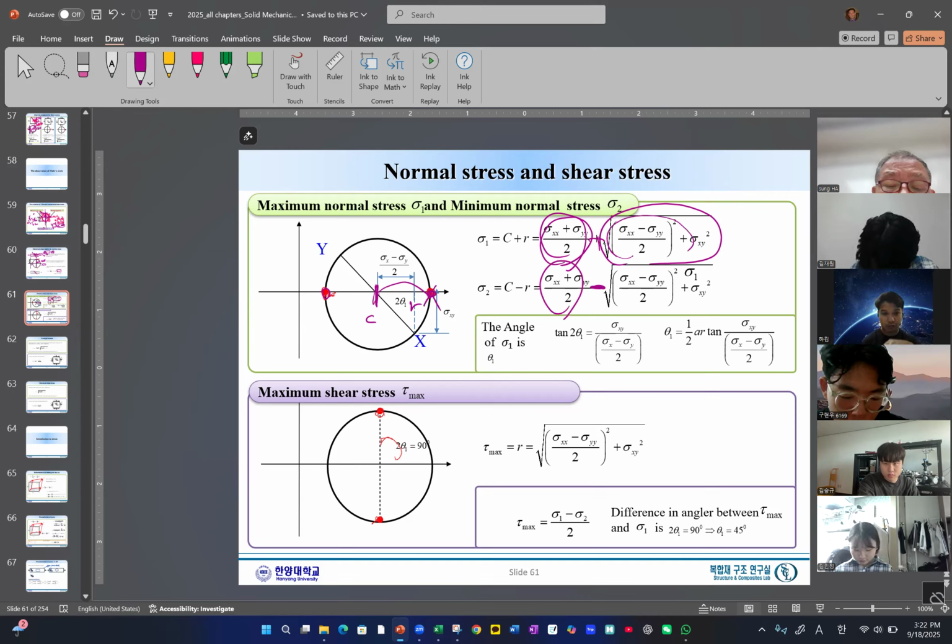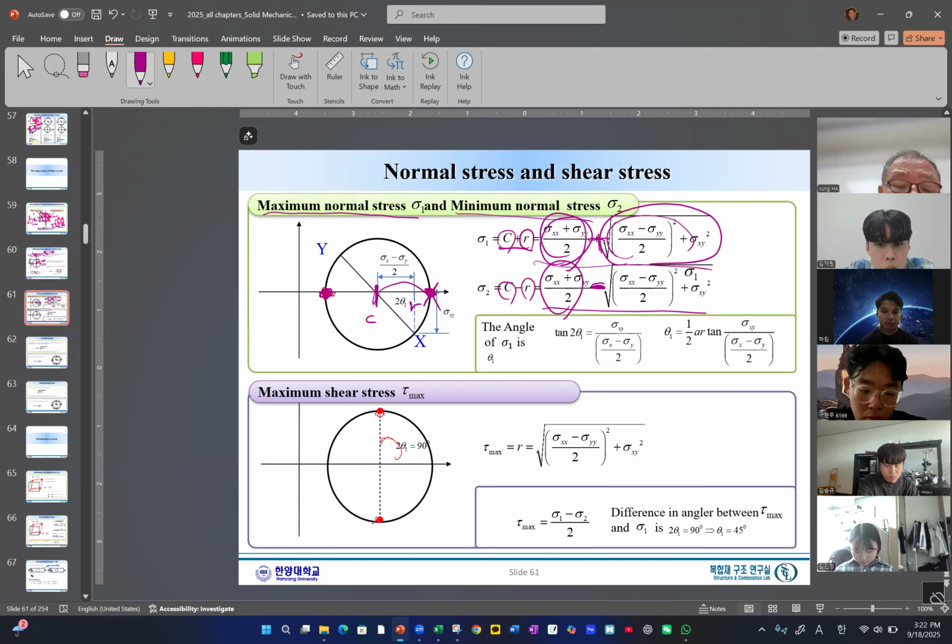So the maximum normal stress can be calculated from this equation, and the minimum normal stress can be calculated like that. This is the maximum and this is the minimum. Simply center plus radius, center minus radius.